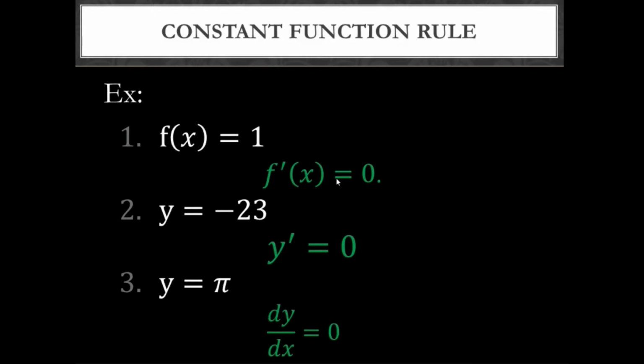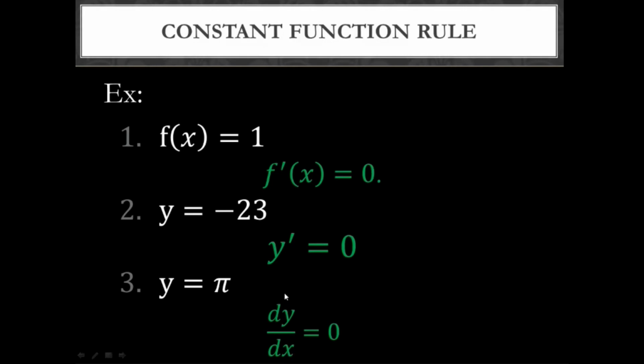Okay? Pero observe the notation. Yung ating function, sinulat na f of x. Pero pagdating sa derivative, f prime of x. Sa number 2, y lang, di ba? So, ang derivative niya, you can rewrite that as y prime. Okay? Pero sir, bakit po sa number 3, same sila ng y, and yet iba yung pagkasulat?